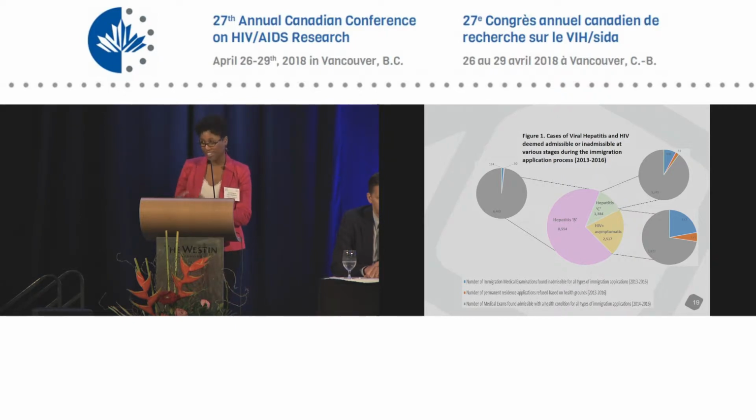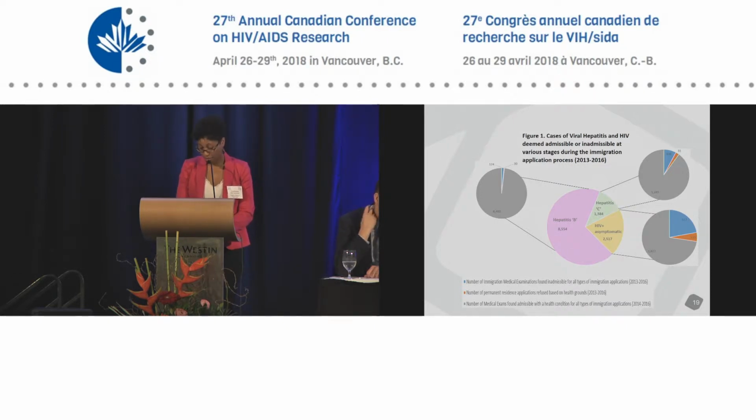Within the inadmissible group, we've also divided it further into those inadmissible on health grounds and those inadmissible for reasons other than health. You can see for HIV, for instance, that only 5% of the 27% refusals, the orange slice that you see there, are based on health grounds, whereas 73% of those migrants with HIV are actually admitted to Canada.